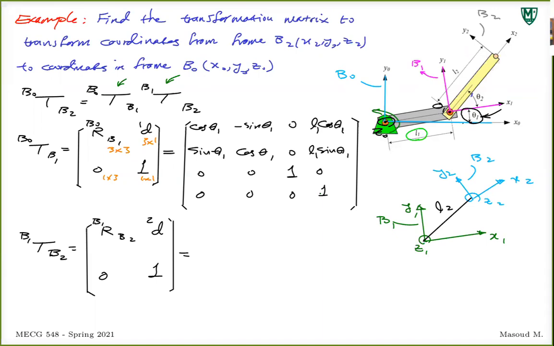Any possible rotation is going to be around the Z axis. This is your B1, this is your B2. Your B2 can rotate with angle θ2 with respect to B1. So your rotation of B2 with respect to B1 is a rotation about the Z axis with θ2 angle amount.